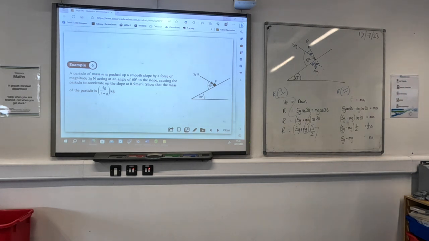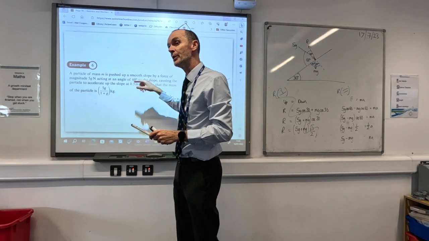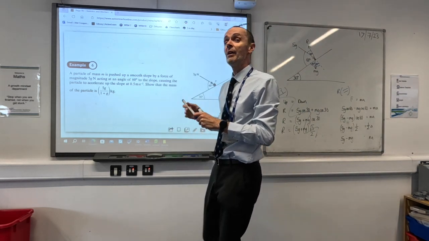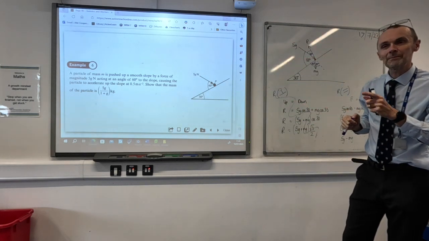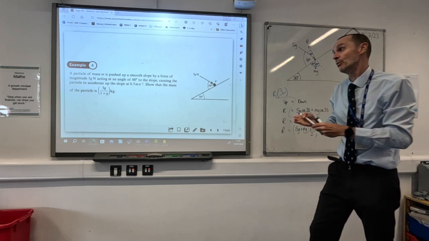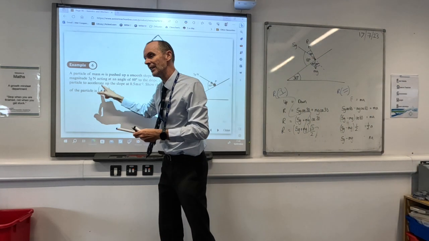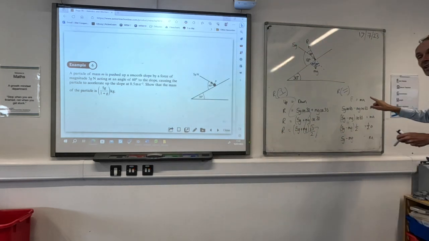Parallel to the slope, well, you've just got to read the question. It is being pushed up the slope, so it is moving. And as soon as it's moving, we've got to say, right, is it moving at constant velocity, in which case that's still equilibrium, or is it accelerating? Well, they tell us here it's accelerating. So as soon as we're told it's acceleration, we know we're dealing with F equals ma.